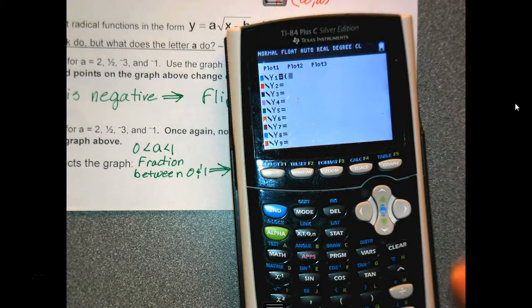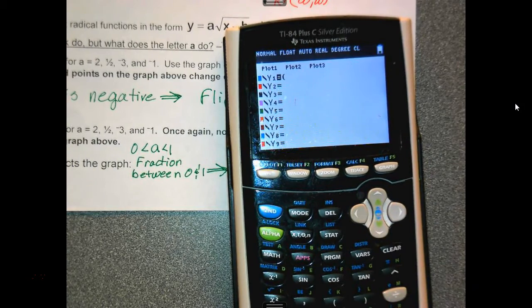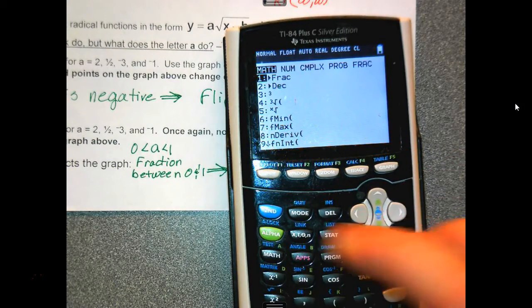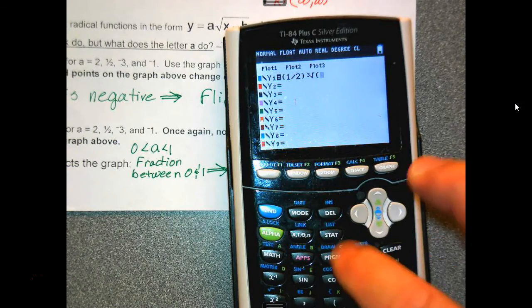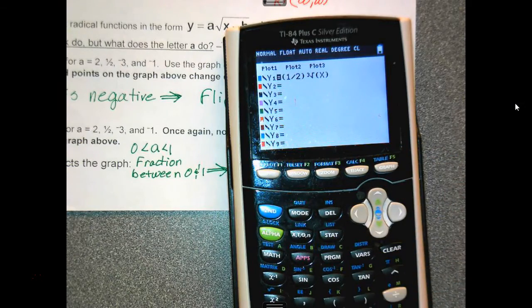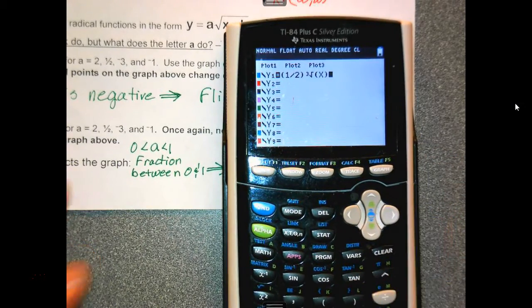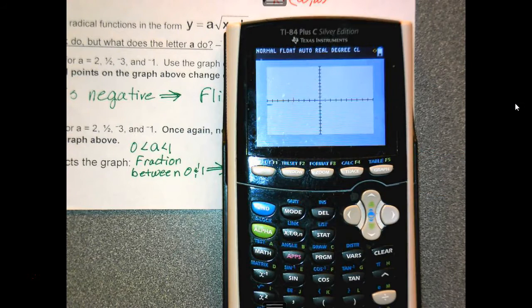So put your 1/2 in parentheses, 1/2 math 4 x, close parentheses. And we expect it to be wider because that's what happened in our absolute value functions, right? Let's see what happens when we hit graph.